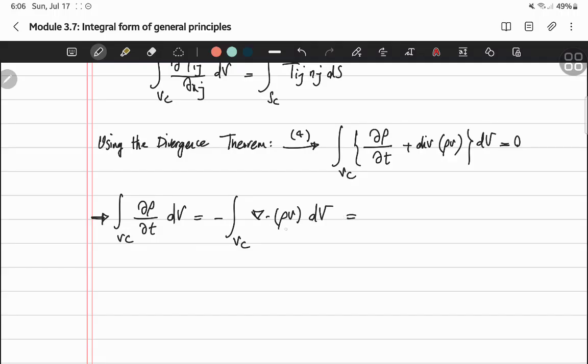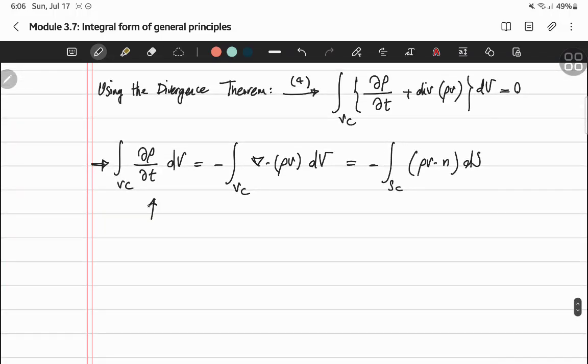Since this is a vector field, it becomes minus rho v dot n dS on Sc. So this means that the rate of increase in mass is equal to the mass that enters the control surface.